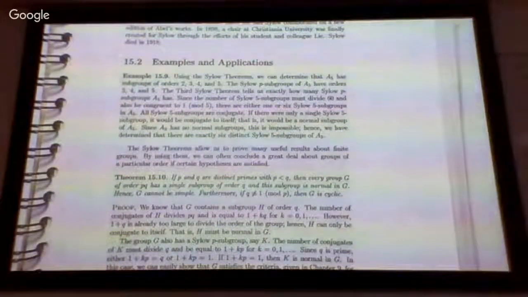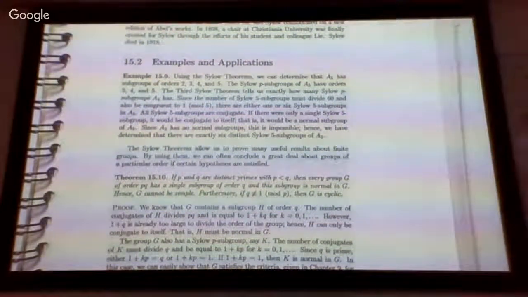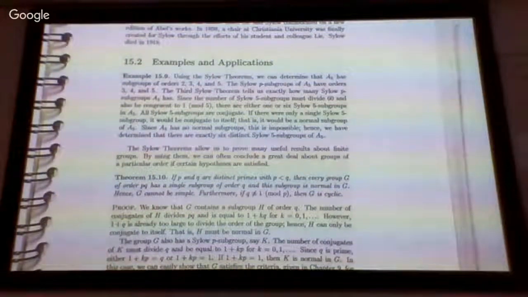Congruent to 1 mod 2 means K2 is odd and divides 60. So it could be 15, or 3 or 5, or 1.